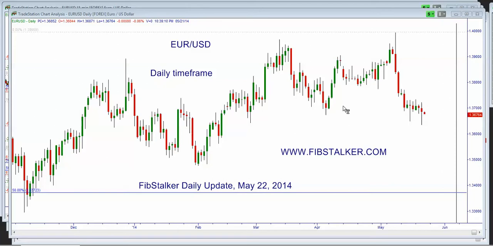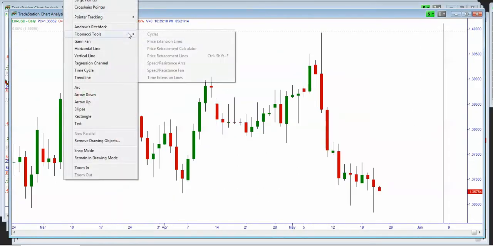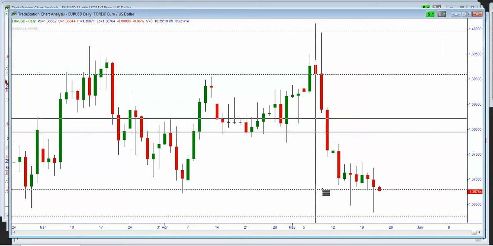What you see on the screen is the euro dollar daily. Now you will remember that during the weekly review, when I review all the markets and start from the weekly time frame, which gives a better perspective of what could happen, I started using this anchor here.